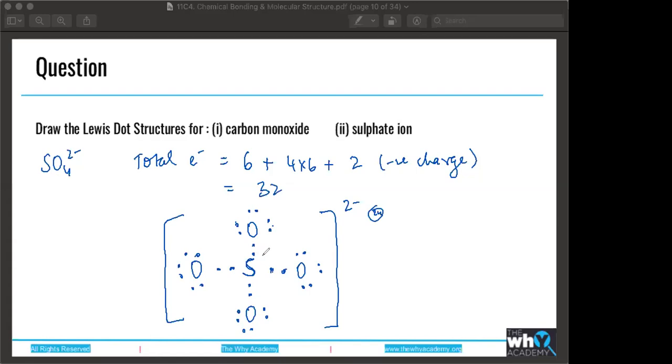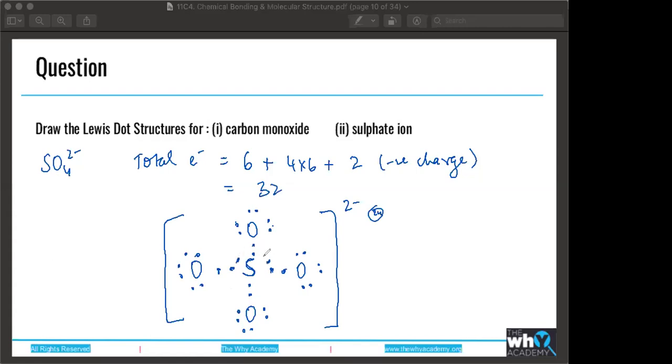But sulfur starts off with 6 electrons on its own also. So how do you account for those extra 2? In this structure we see that sulfur has 4 electrons only, and the other 4 are coming from oxygen, being shared by oxygen. Now you can't take away those 2 electrons from sulfur.